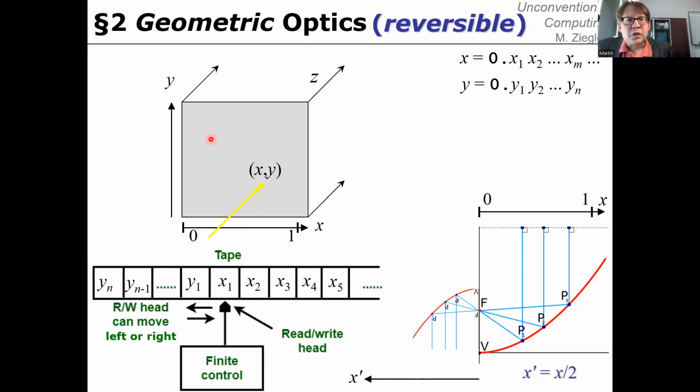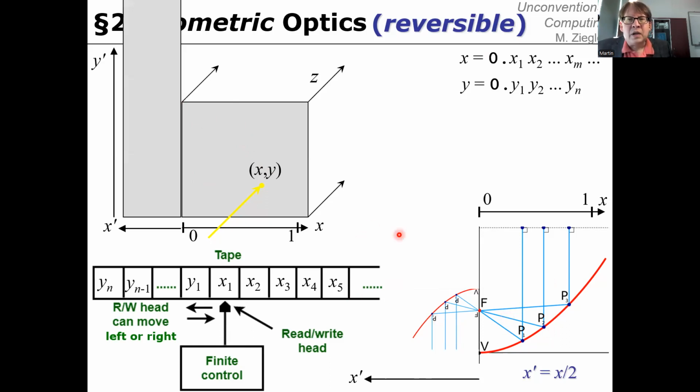And these coordinates together encode both the position of the read-write head and the content of the tape right of the head and left of the head as 2 real numbers. And let's say behind this transparent screen is now such a maybe parabolic combination of 2 parabolic mirrors. Then the light ray may proceed again in z direction, right?